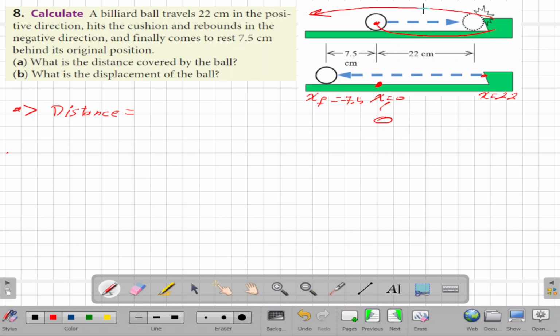After rebound we have another 22, then we need to add the 7.5 centimeters. So 22 plus 22 plus 7.5. Plug this in the calculator, and the final answer is 51.5 centimeters.